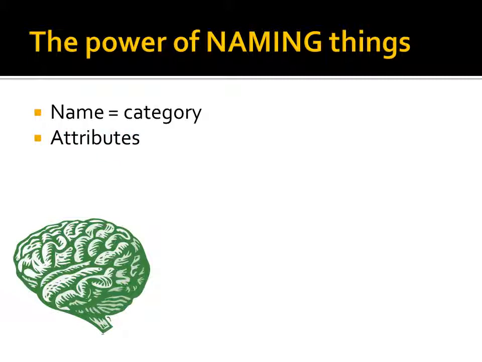And those categories have associated with them certain attributes or characteristics. So the name is kind of like the hook that you hang everything on, and the attributes are the things that hang from that name. We interpret all that to help us decide what to do with whatever it is we're looking at.